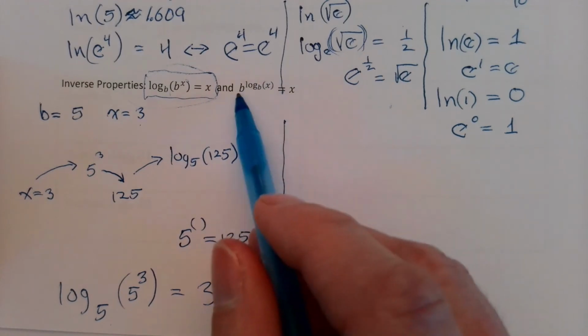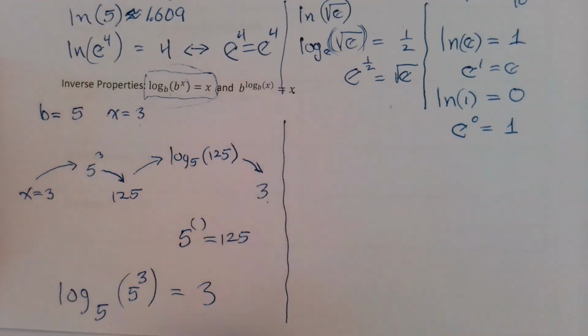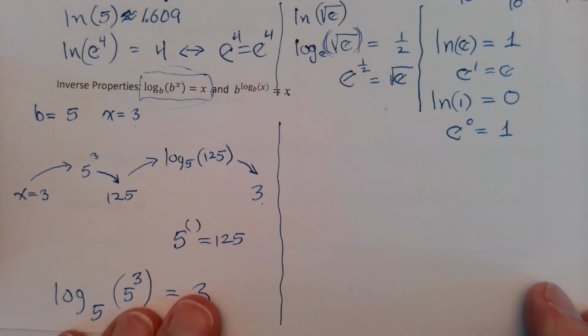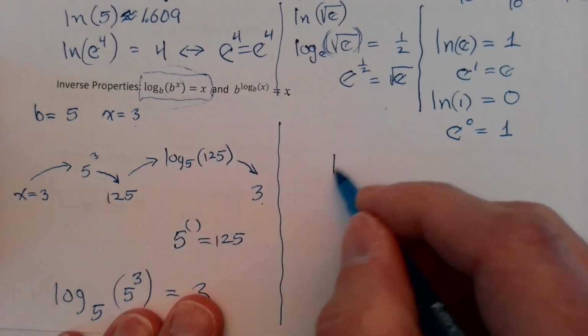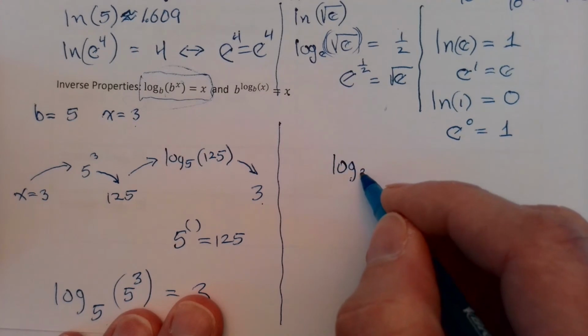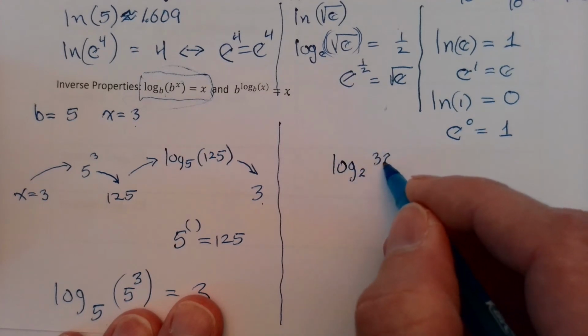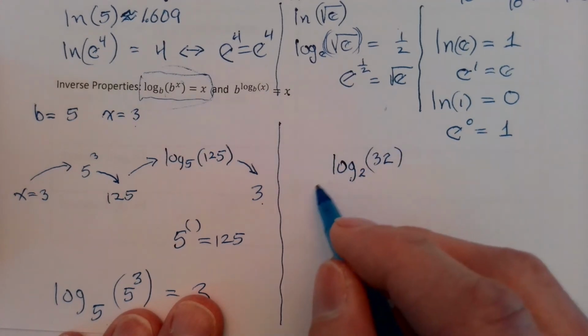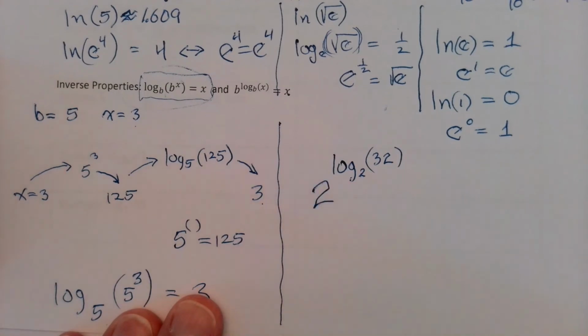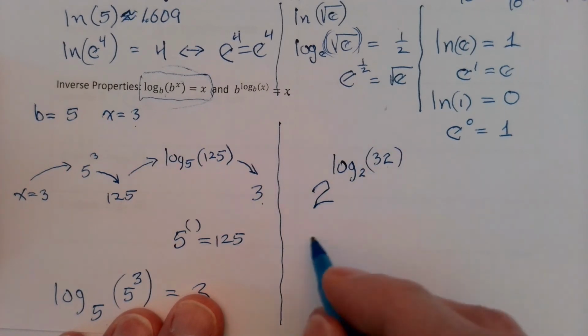Okay, the other statement over here says that the base b log of a number used as an exponent above the b gives you that number back. So let's give you a quick example of that. Let's take the base 2 log of 32 and use that as an exponent sitting above a 2. Well, you got to start with the inside. So what's the base 2 log of 32?